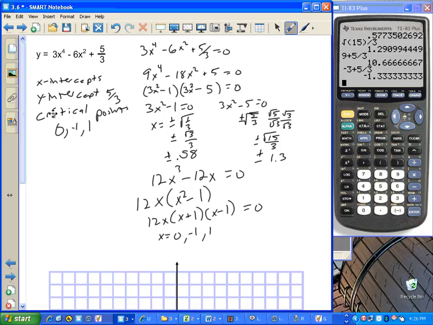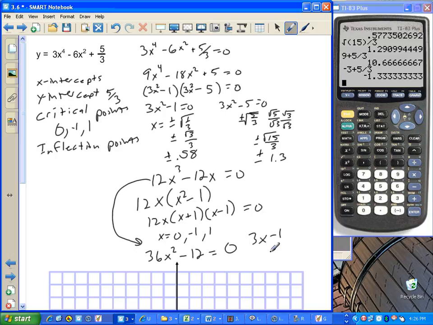My end behavior, actually let's do points of inflection. So if I take the derivative of my first derivative, I would have 36x squared minus 12. I need to know when that equals 0. I'm going to divide by 12 to get 3x squared minus 1.